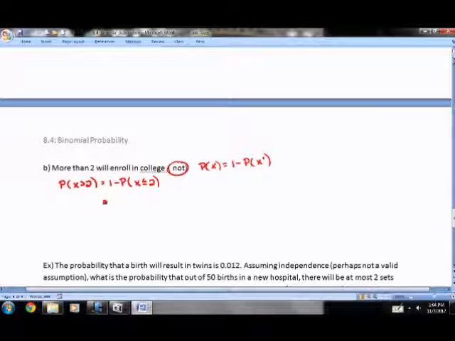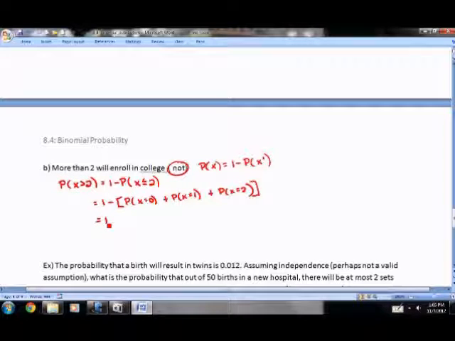So that's 1 minus the probability that x equals 0, plus the probability that x equals 1, plus the probability that x equals 2. And remember, this is the probability that 0 people will go to college, 1 person will go to college, 2 people will go to college. Since we don't want that, we subtract it from 1, which is the probability that everything will happen.